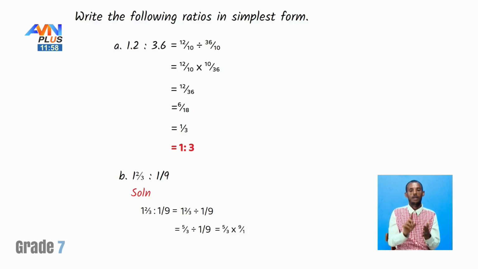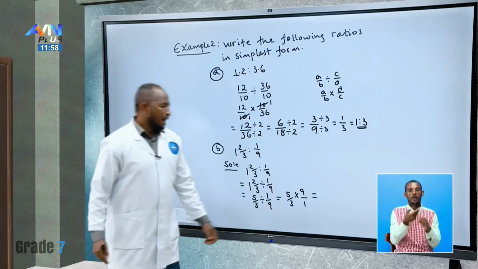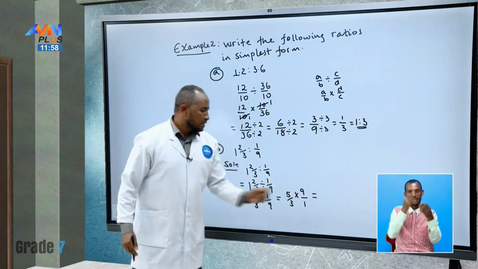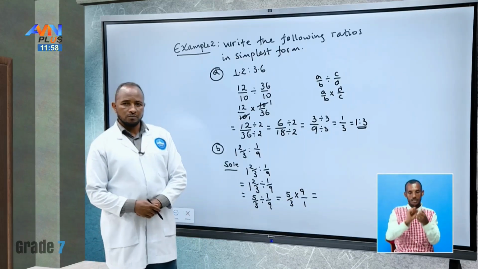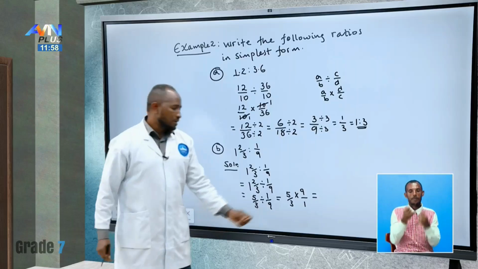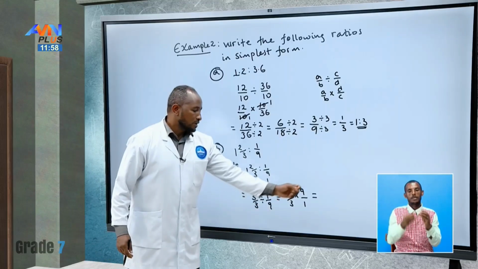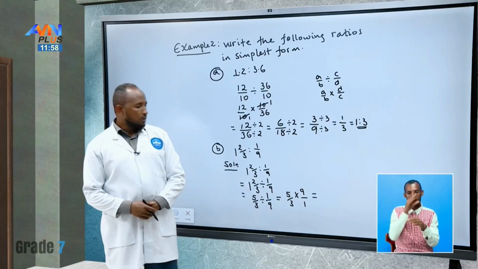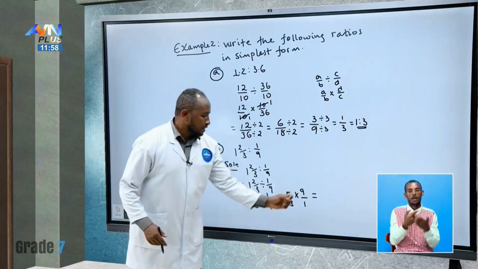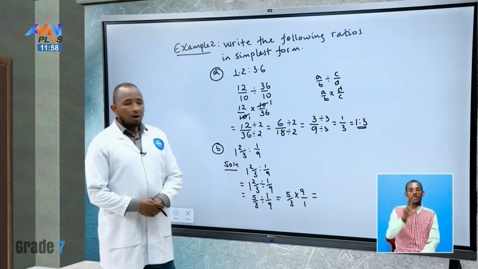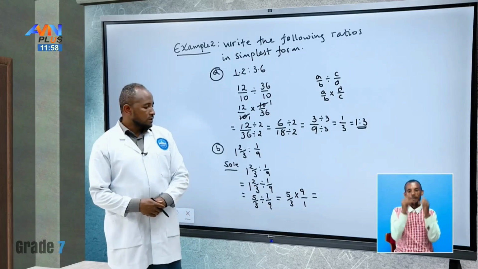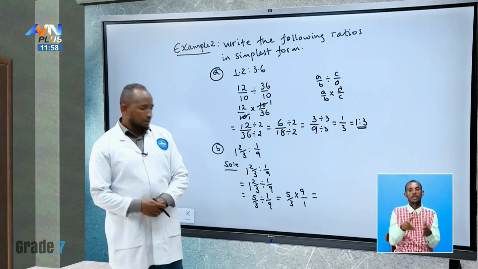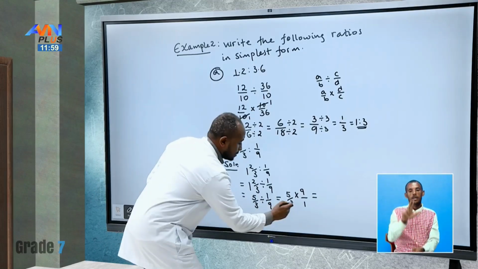Before multiplying, you can change this into the lowest terms by dividing by the same number found in the numerator and denominator. Here 9 and 3 have a common factor, which is 3. So let's divide both by 3. 3 divided by 3 becomes 1.